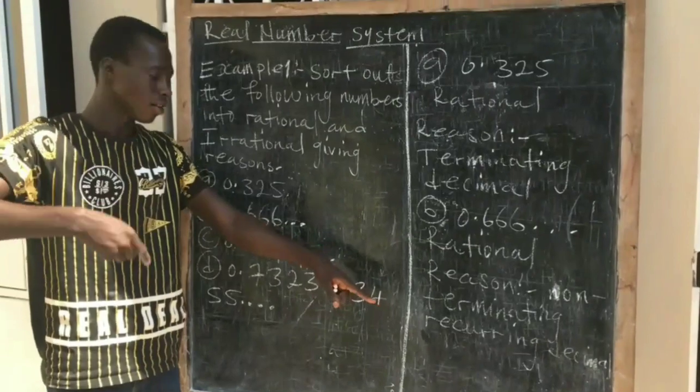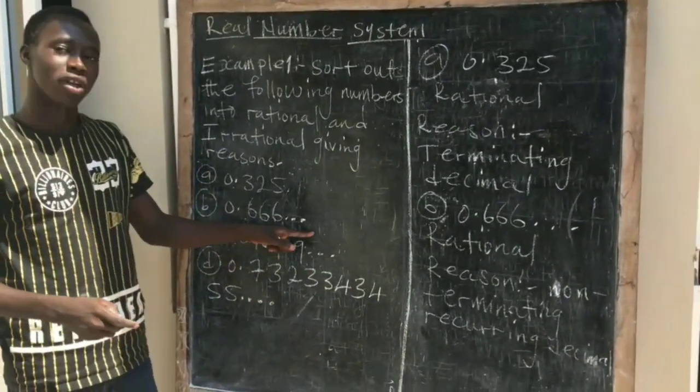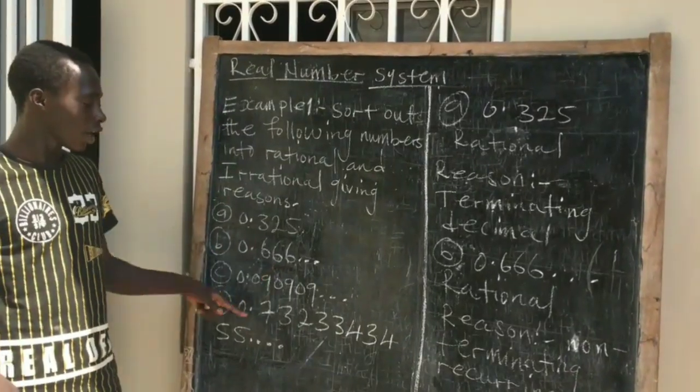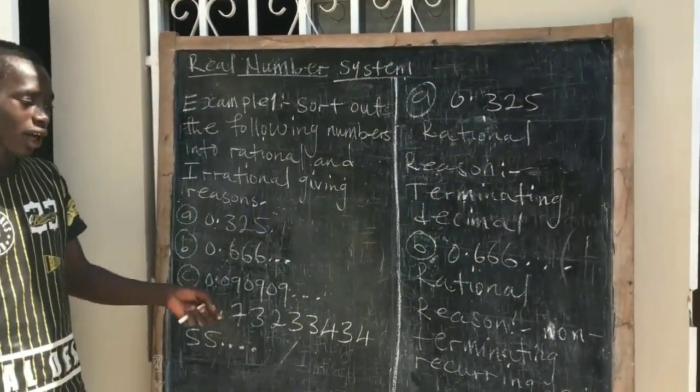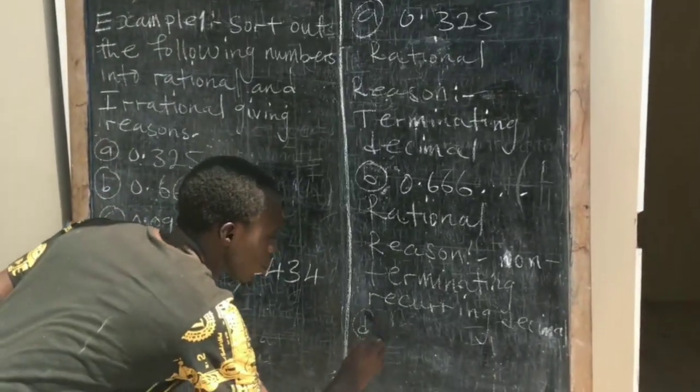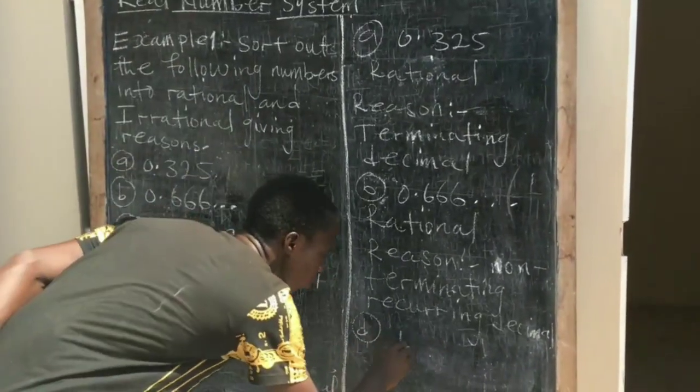It is repeated. Look at it. It is non-terminating and it is also recurring. So therefore it is a rational number. C also is a rational number, but D is irrational.